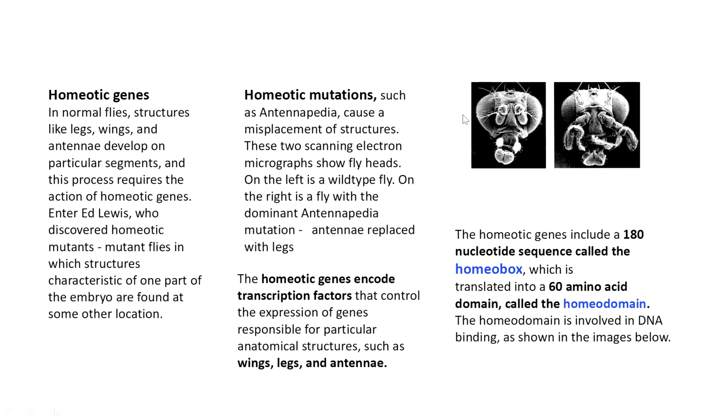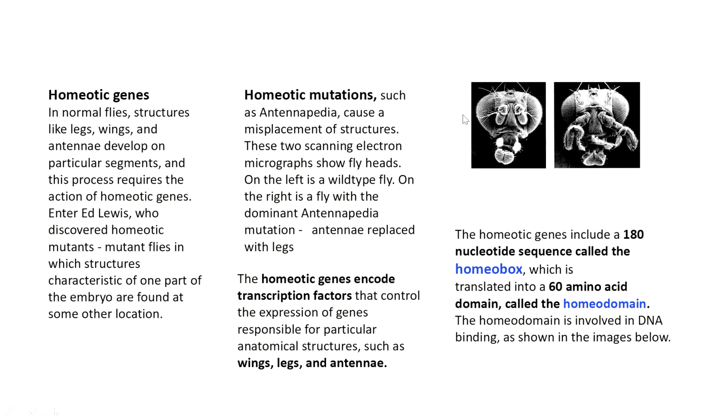See, in a normal fly with homeotic genes, we can see different structures at the outer region of the fly, on the head, thorax and abdominal region. The different structures are legs, wings, antennae.